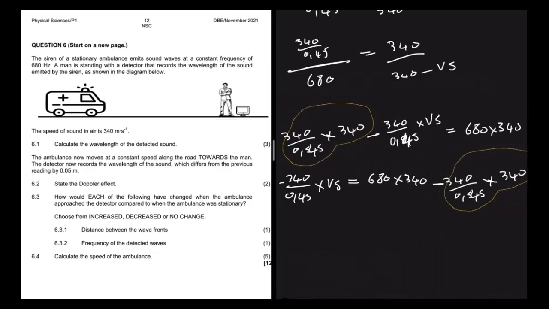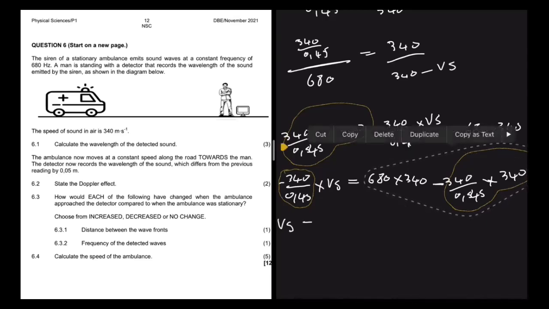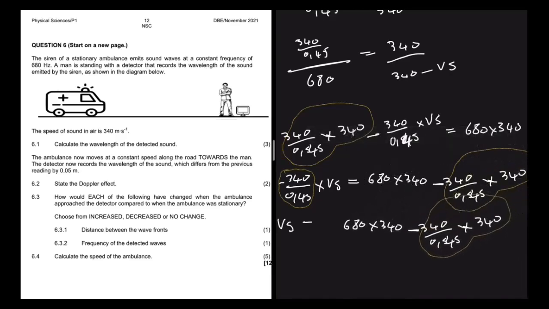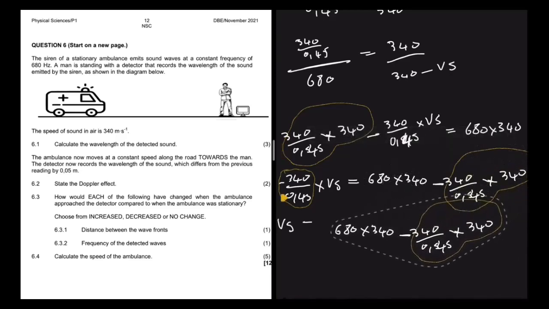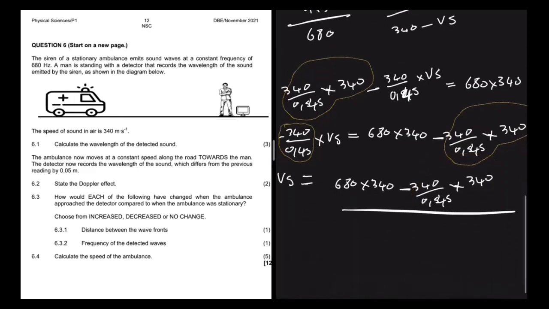So after that, I'm gonna divide both sides by minus 340 divided by 0.45, right? So that I can isolate Vs. So I'm gonna get Vs equals to, let me copy this expression here. So I'm gonna copy that expression and then I'm gonna duplicate it. So now I have Vs equals to this expression divided by minus 340 divided by 0.45.